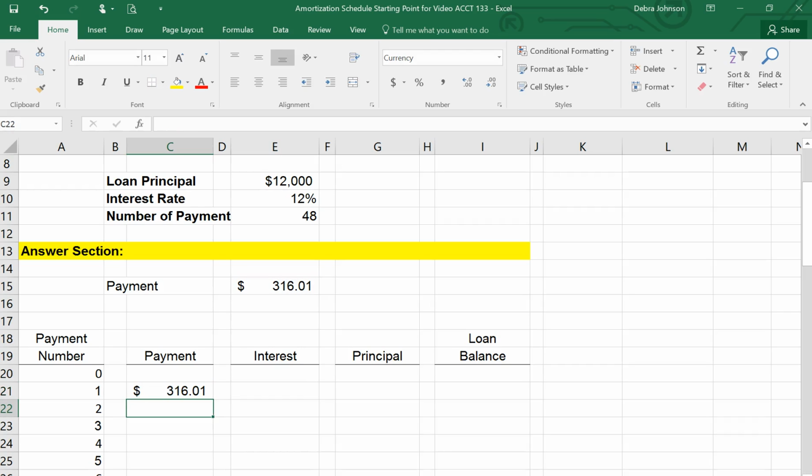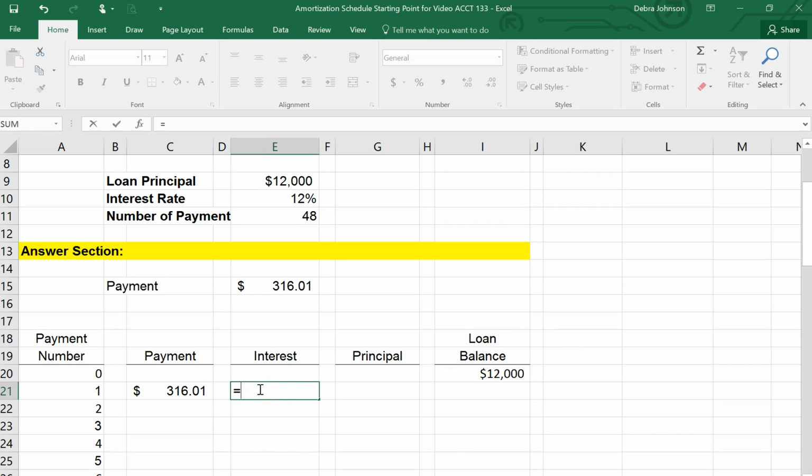I'm going to start off my amortization table by cell referencing the balance of the loan. And the interest calculation will be computed on a loan balance that continues to be reduced each month by every payment.